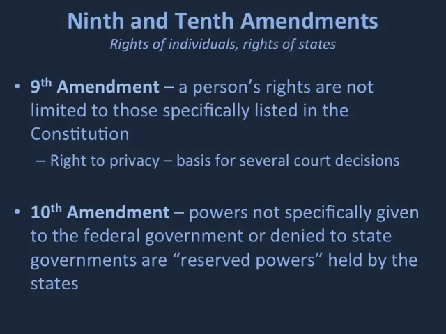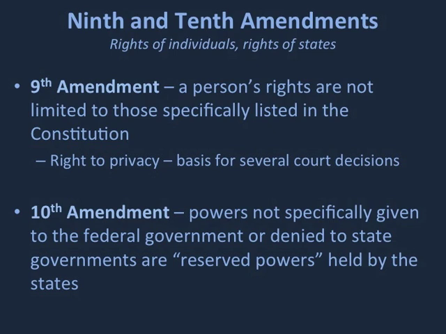Finally, the Ninth and Tenth Amendments, which sort of tie up some loose ends. The Ninth Amendment says that a person's rights are not limited to the ones that are specifically listed in the Constitution or in the Bill of Rights. So just because it's not in the Constitution doesn't mean you don't have that right, in other words. Most notably, this amendment has been used to infer a right to privacy that people have.